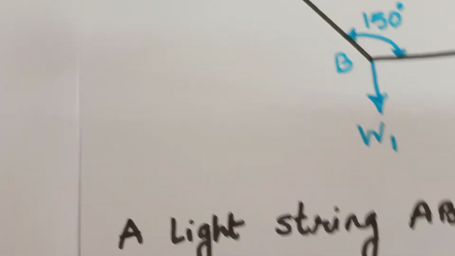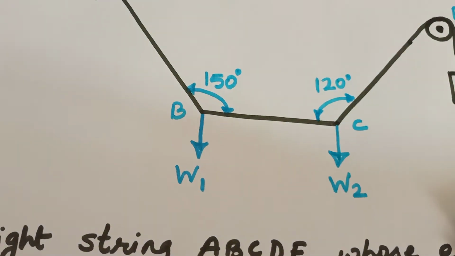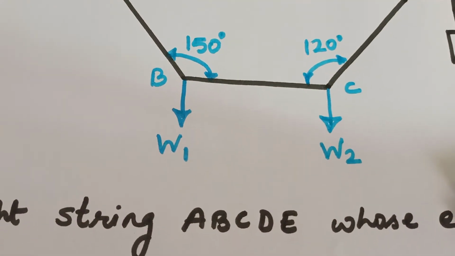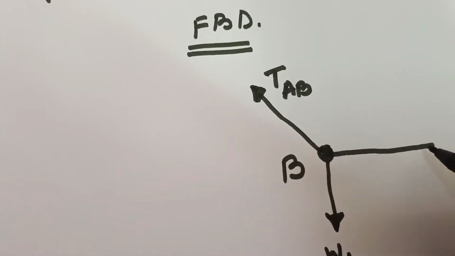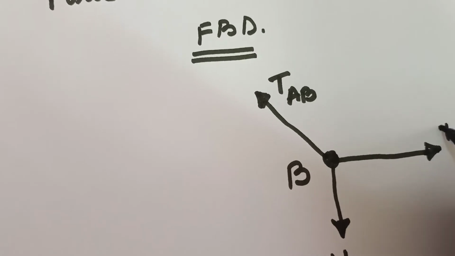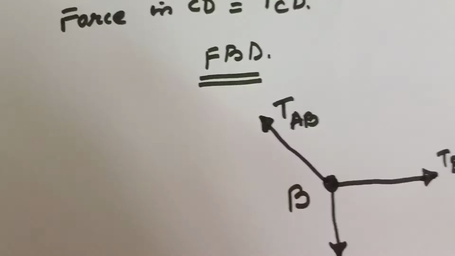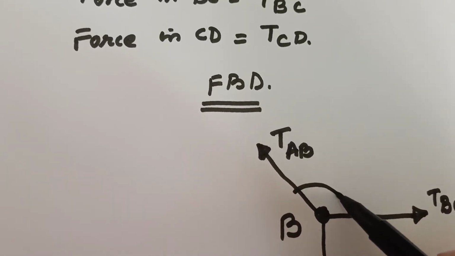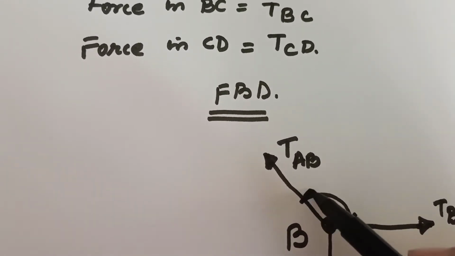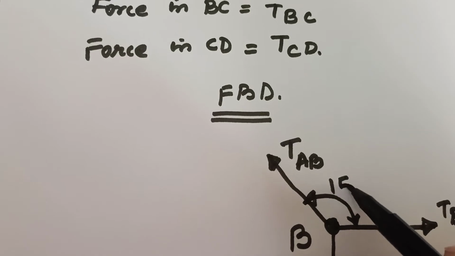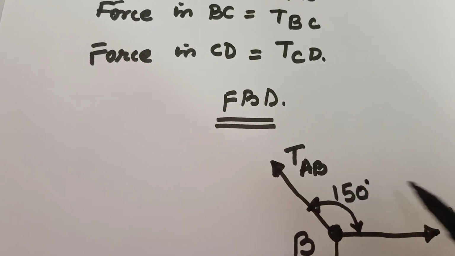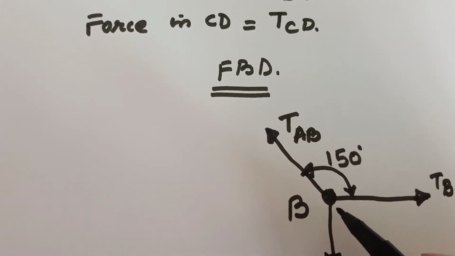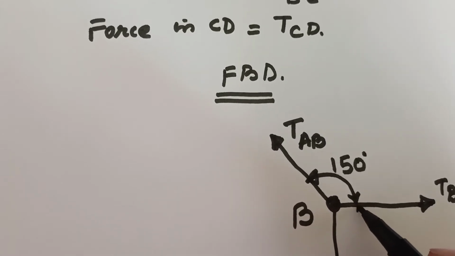Then we can see a horizontal force line BC, as it is in equilibrium, so we draw a horizontal line, TBC. Also they have given us the inclination, that this inclination is 150 degrees.